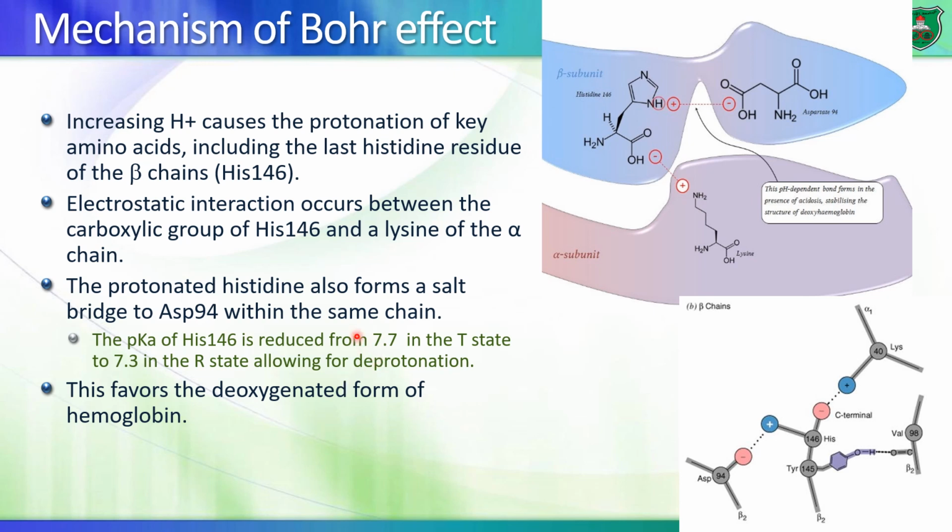So reduction in pKa means that the histidine would lose the proton much easier. So when the R group loses the proton, there is a loss of the positive charge, and as a result there is no more interaction between the R group of histidine with aspartate. So the electrostatic interaction breaks up. Okay, and the molecule becomes more relaxed, that is in the R state.